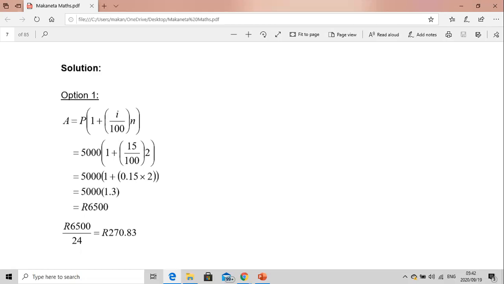So 15% simply means 15 over 100, and this is 0.15. If you multiply that by 2, it will give you 0.3. So if you add 1 to 0.3, you get 1.3. And if you multiply that by the value of your loan, this becomes 6,500.